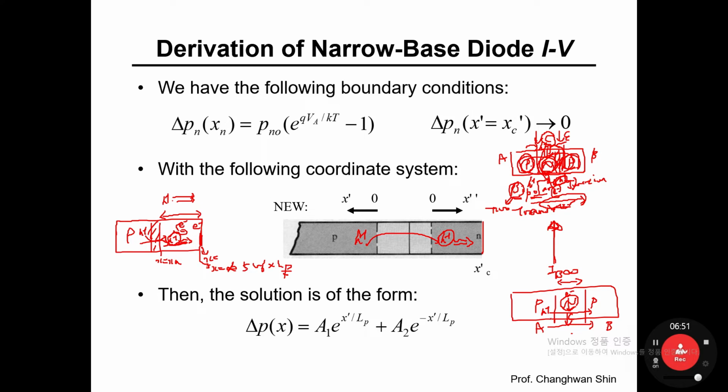However, in this PNP system, the physical length of the n side in the middle wouldn't be long enough, from the perspective of the injected holes.